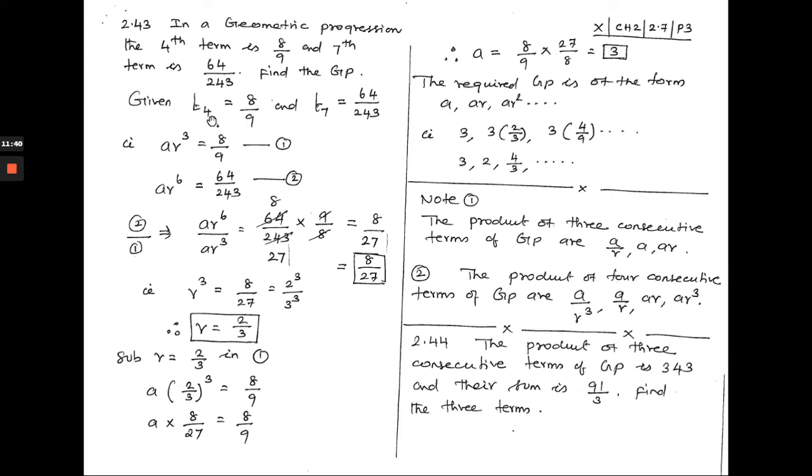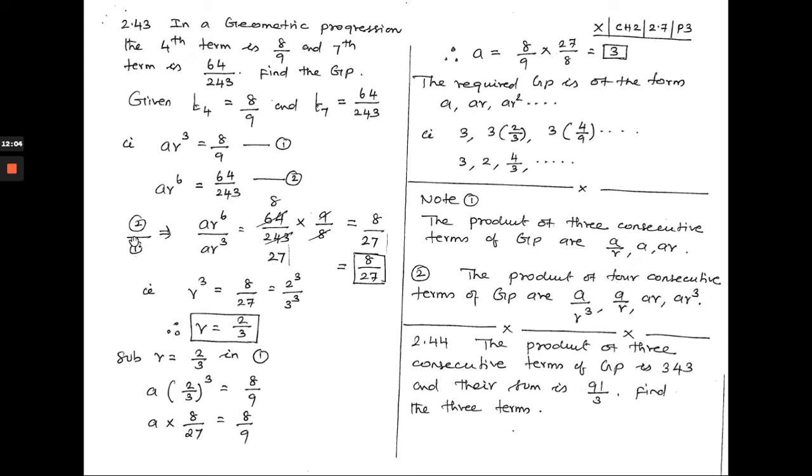The fourth term is in the form a r power 3, equal to 8 by 9. The seventh term is in the form a r power 6, equal to 64 divided by 243. So divide equation 2 by 1 in order to get the common ratio.